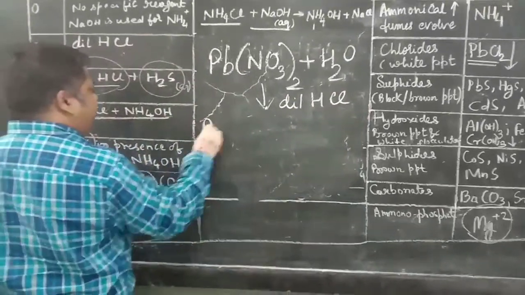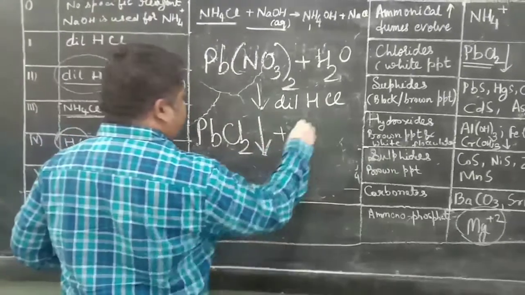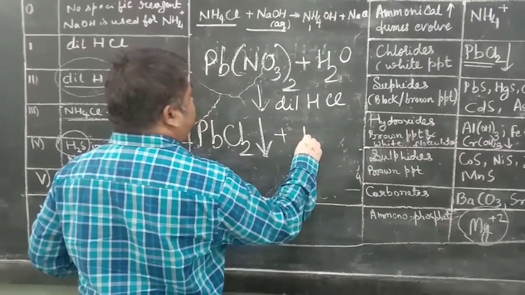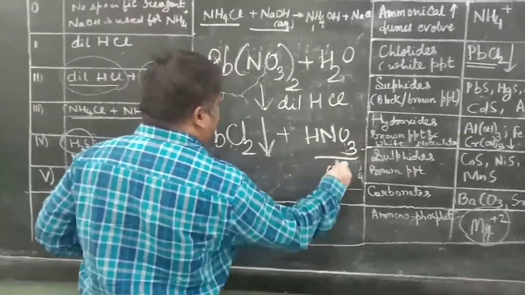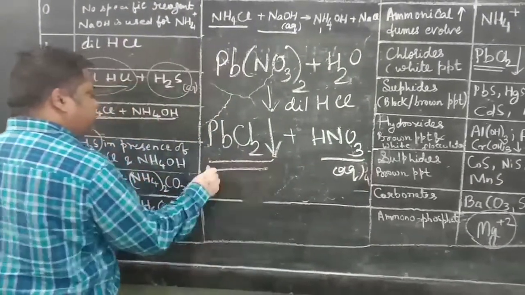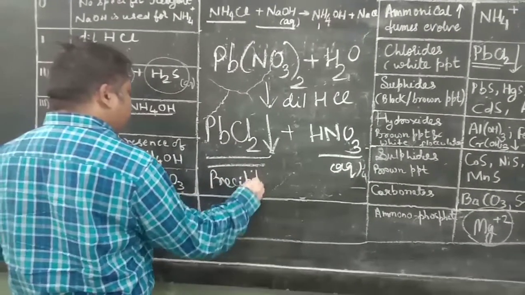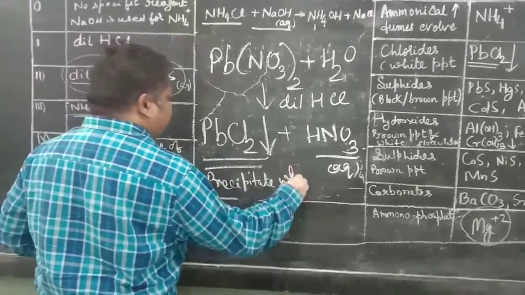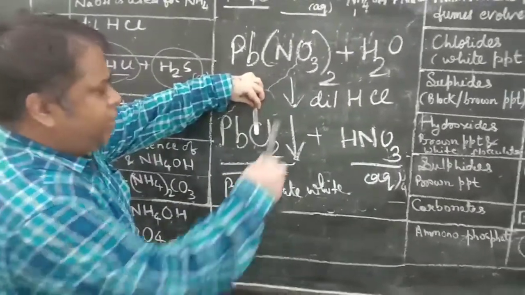So I got a white precipitate of PbCl2, plus nitric acid in aqueous condition. So this was the precipitate, and its color was white. This is the lead chloride formed, and this was a lead nitrate solution. You can see the difference.